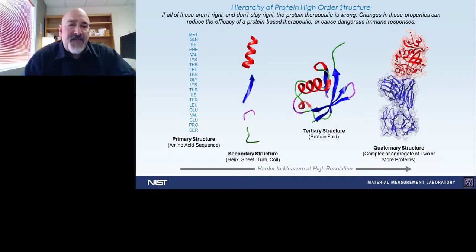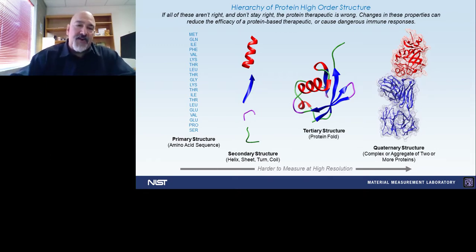Now, in the case of a small molecule drug like aspirin, it's an organic molecule, and we can specify pretty much everything about it according to its network of chemical bonds, its covalent structure. But the situation for protein therapeutics is different than that.